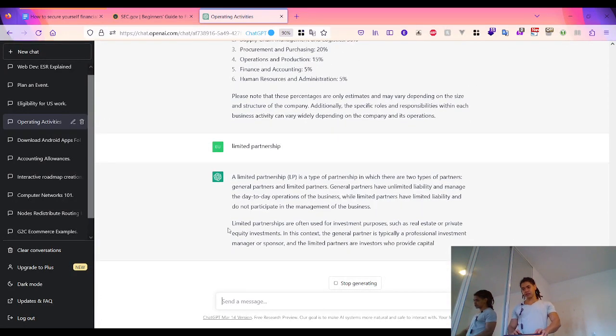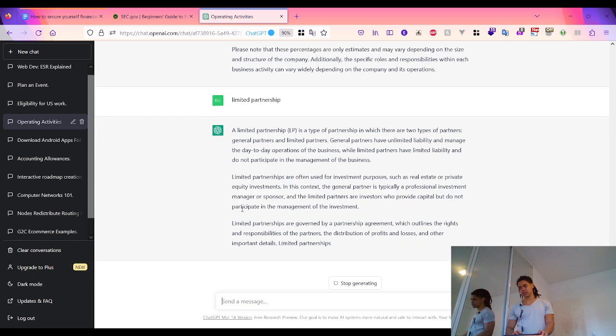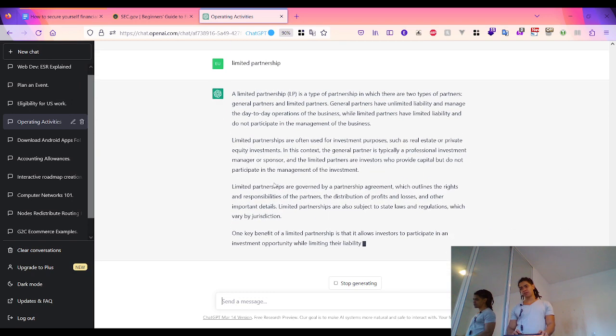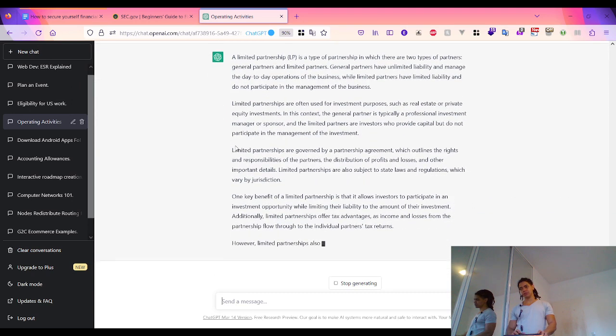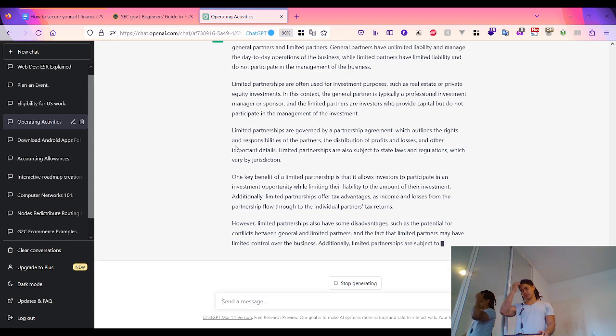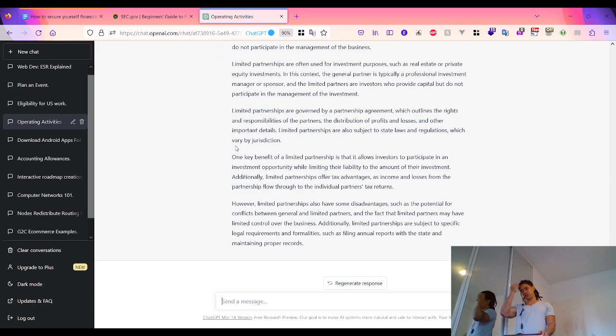a limited partnership is a type of partnership in which there are two types of partners, general partner and limited partner. Limited partnerships are often used for investment purposes, such as real estate or private equity investment.